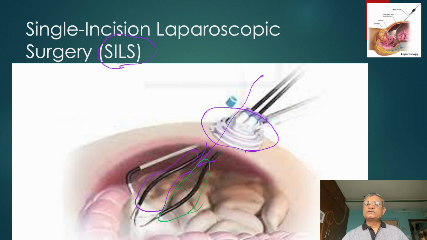And the scars are also less visible. Appendectomy, cholecystectomies, hernia repairs, and various other abdominal surgeries can also be performed by SILS. This is a significant advancement in minimal access surgery, and it is continuing to evolve. And there are innovations in the instrumentation as well as surgical approaches.